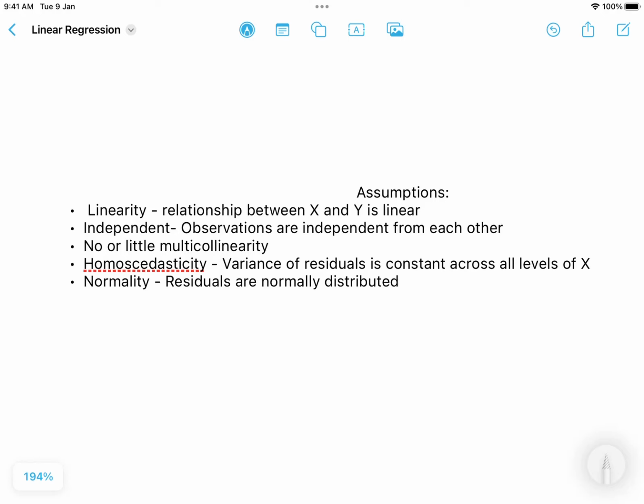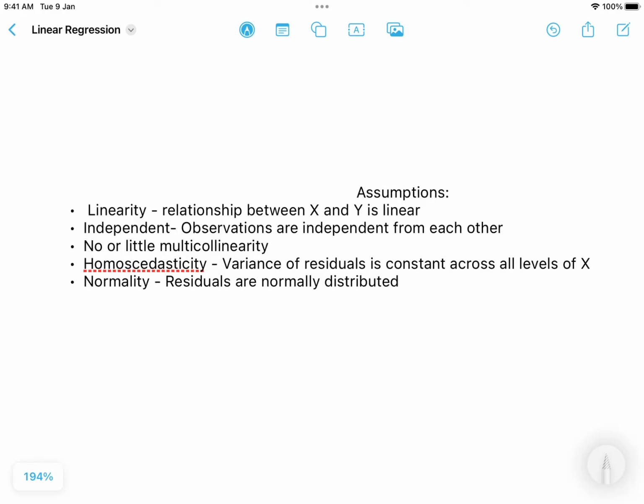So during the training of a model, the model learns the value of slope and intercept. This happens when we train a linear regression model or multiple linear regression model.